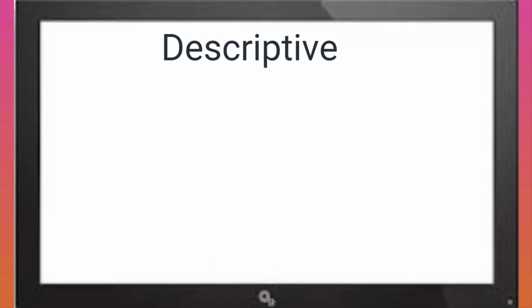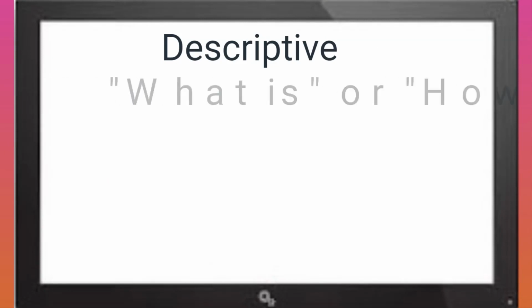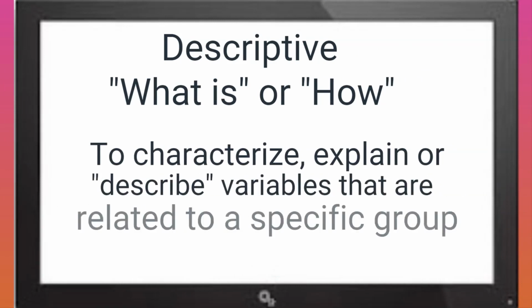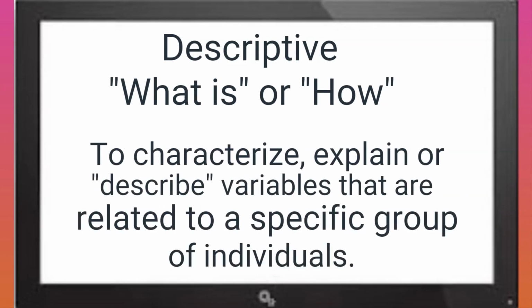Descriptive questions usually start with what is or how. This is to characterize, explain, or describe variables that are related to a specific group of individuals. These questions are not concerned with relationships between variables, rather, they are concerned with simply describing variables.